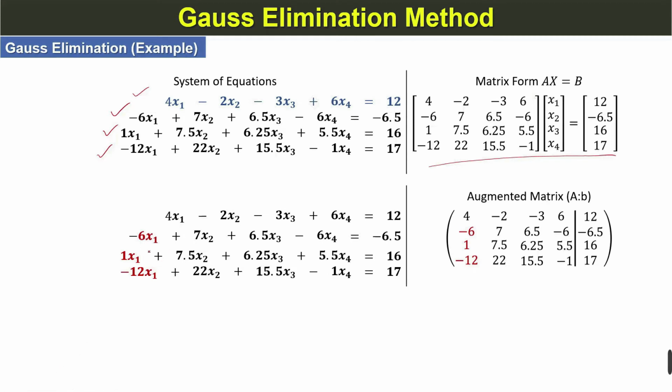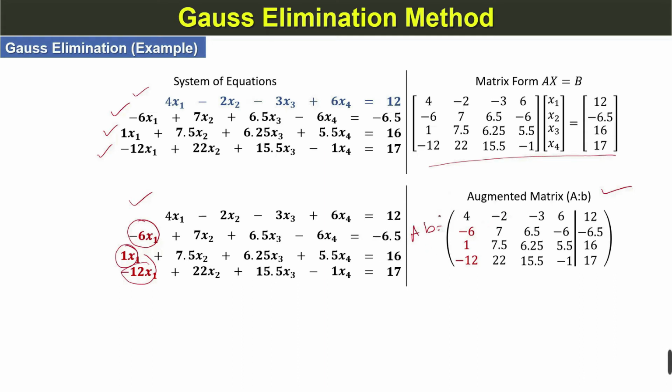In the first step we eliminate the terms that include the variable x1, except in equation 1, and here we take the augmented matrix, that is AB, and AB is equal to this one.